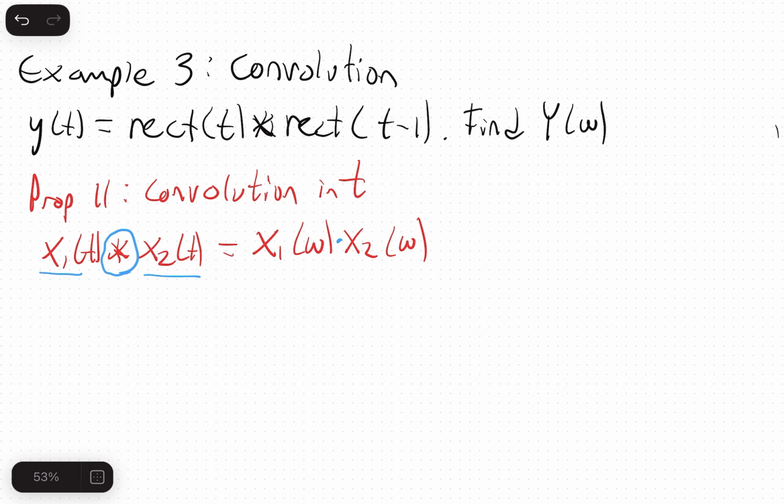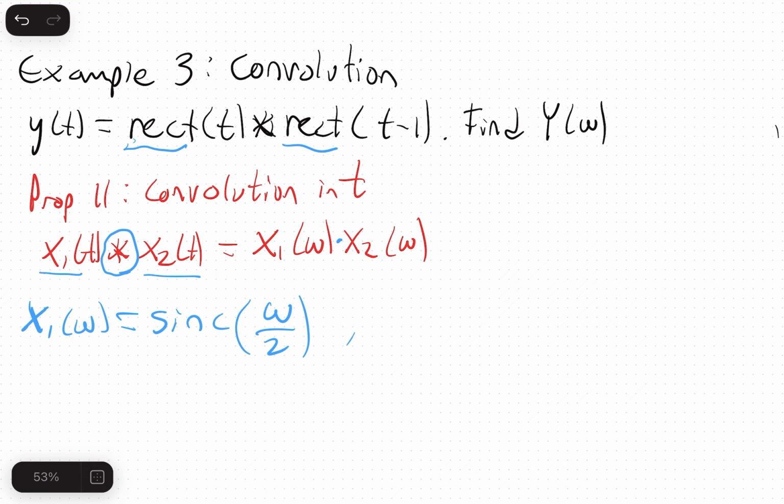Again, I'm hammering the rectangular function because it's really useful. If we want to find x1 of omega individually, which is the rectangular pulse, we know that this will be just sinc of omega divided by 2.